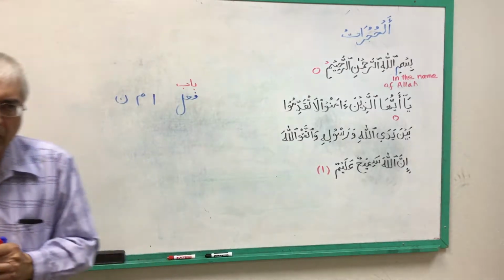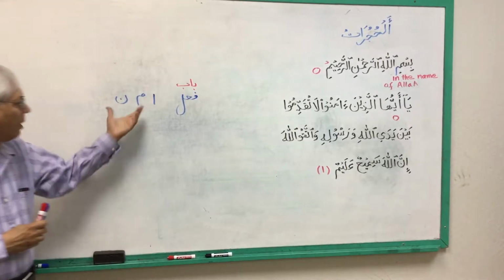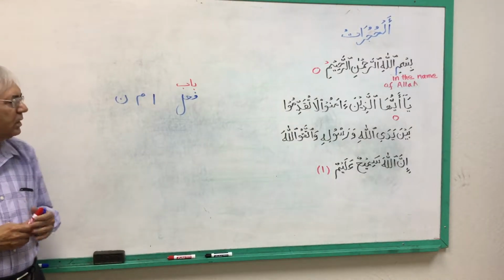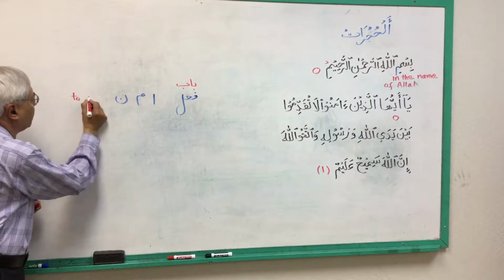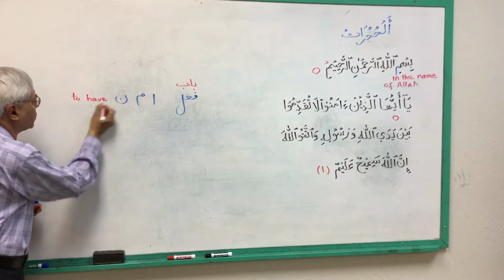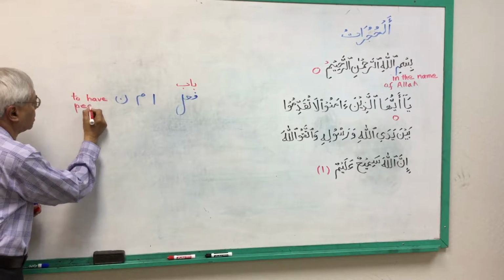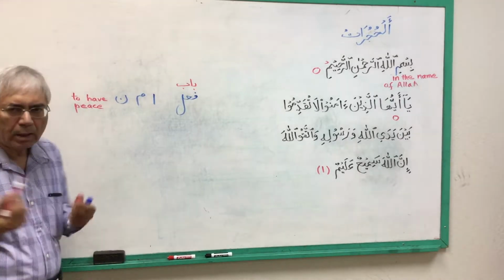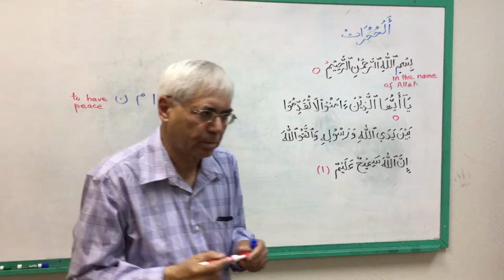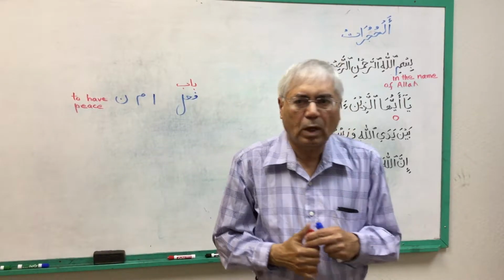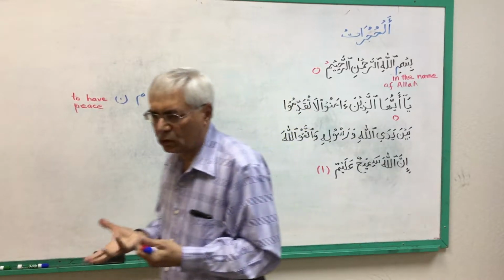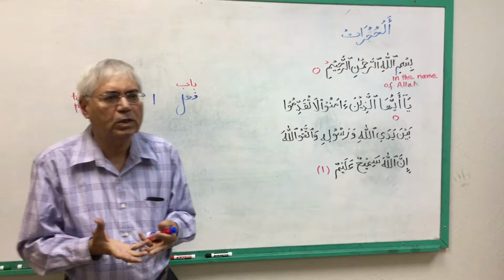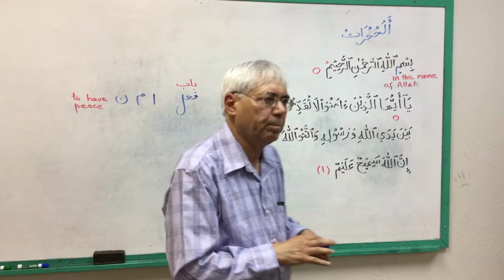You can imagine it that way. So Amana, these three letters have the meaning of to have peace. Aman is the word which means peace. So Alif Mim Noon means peace. Any words created from these three letters will have peace in them.